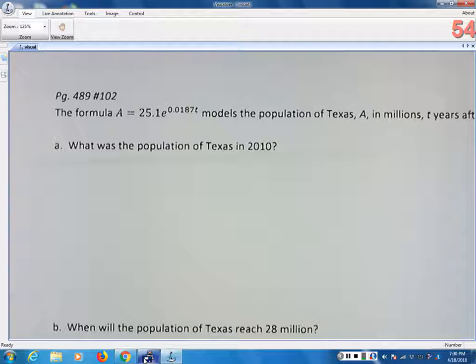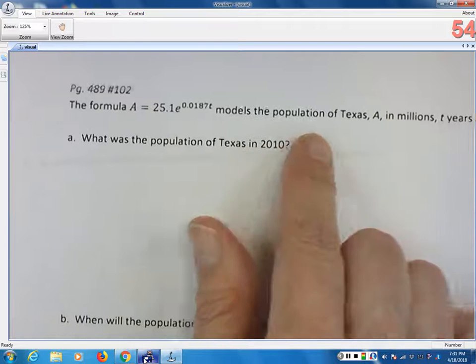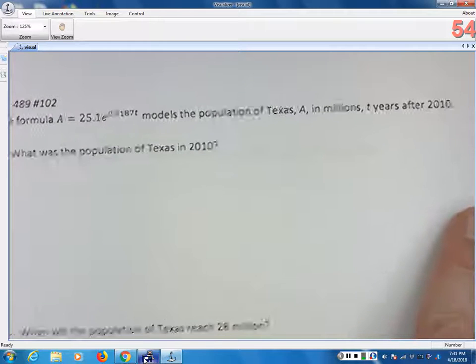Okay, so the last page is really a word problem, like something we're going to work on in the next section. So here's a formula. This models the population of Texas in millions T years after 2010.